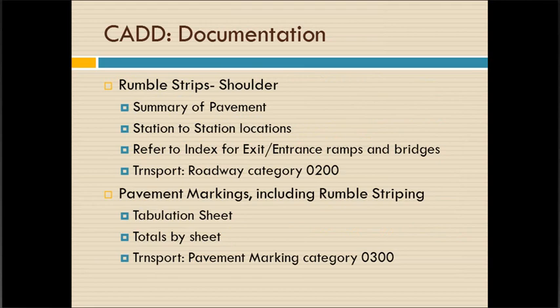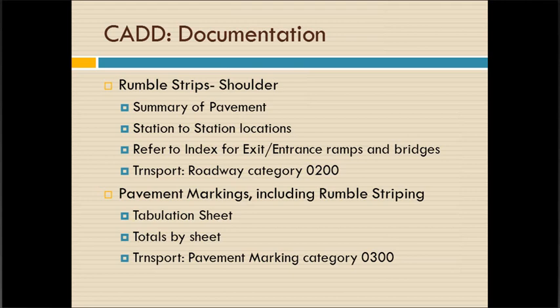Basically, as they've gotten all of this information to me, I've gone through and started making updates. Some things that we want you guys to know, rumble strips. We have the rumble strips that go out there on the shoulder. It has no paint associated with it. So the rumble strips are to be documented in the summary of pavement quantity box.